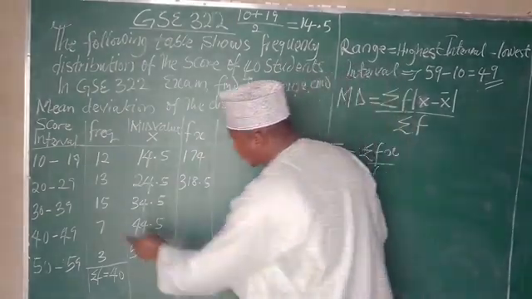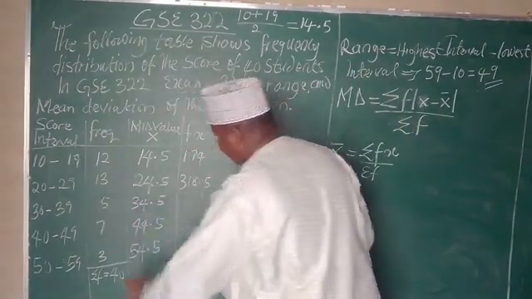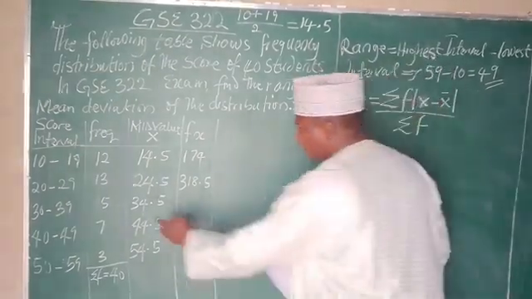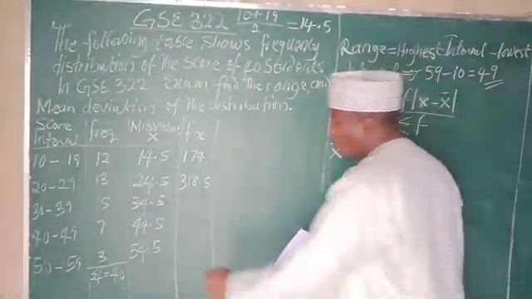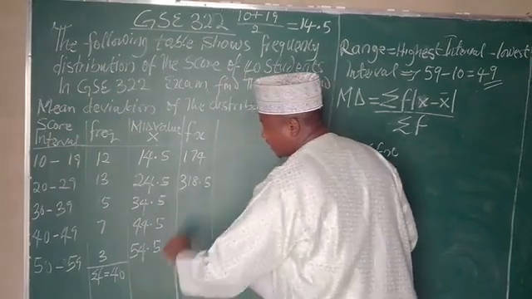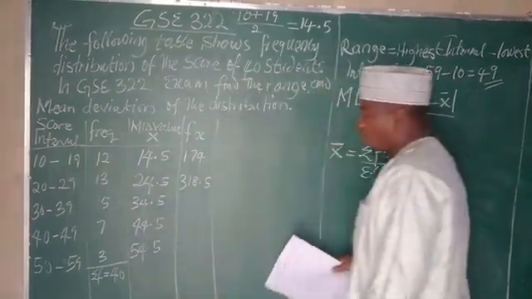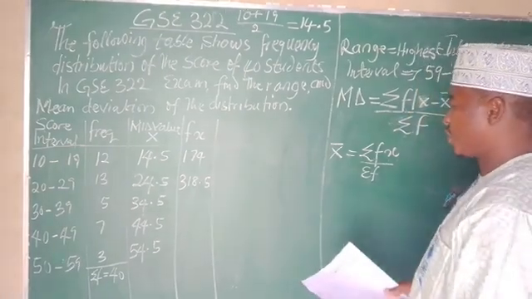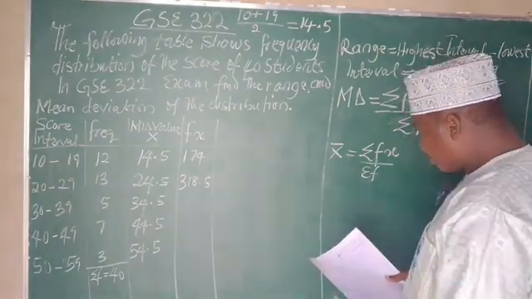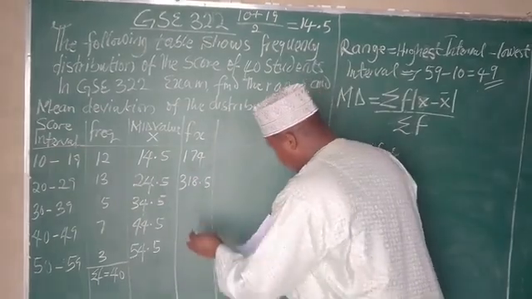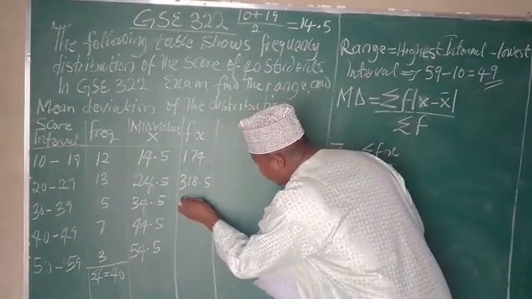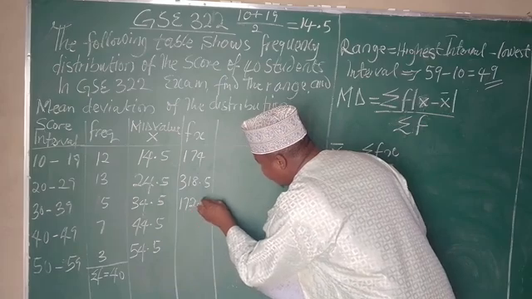Sorry, here is 5. It's a mistake. Writing 15 here is a mistake. So the third one is 5 times 34.5, which is going to give us 172.5.